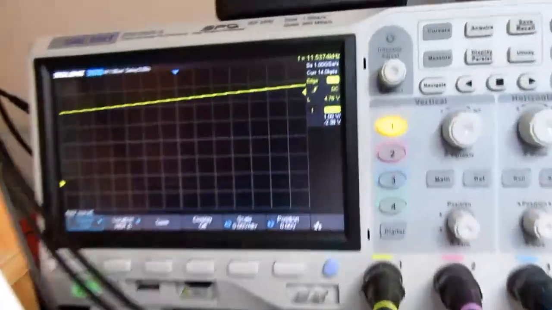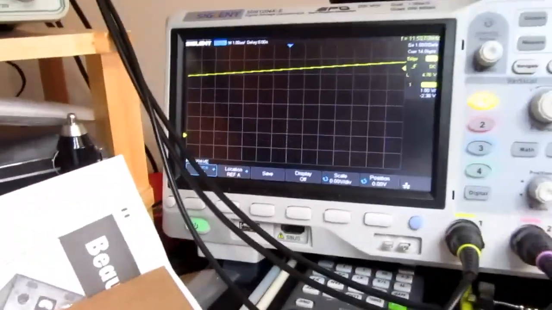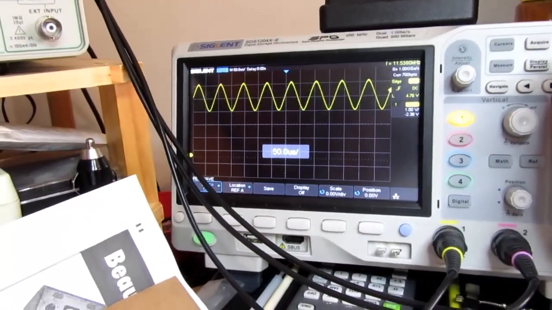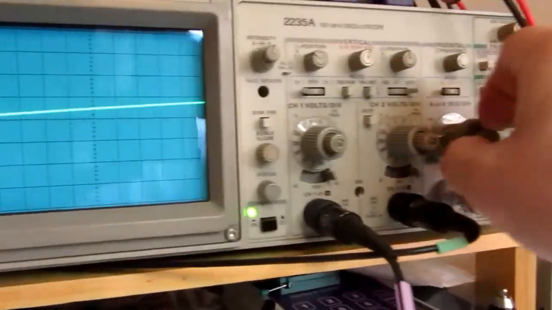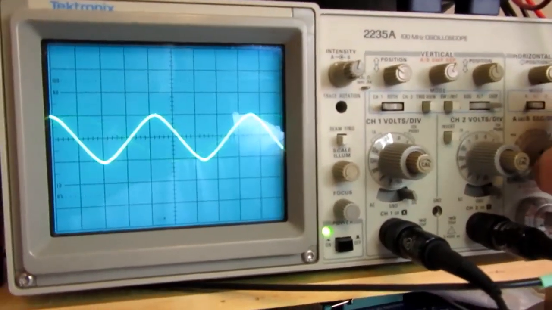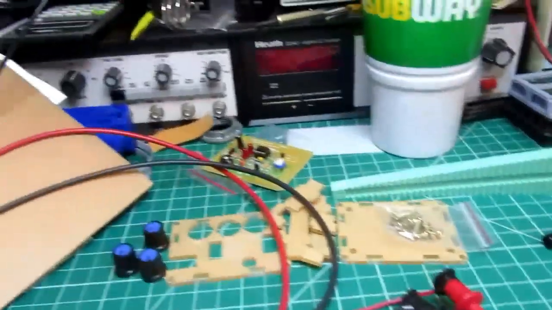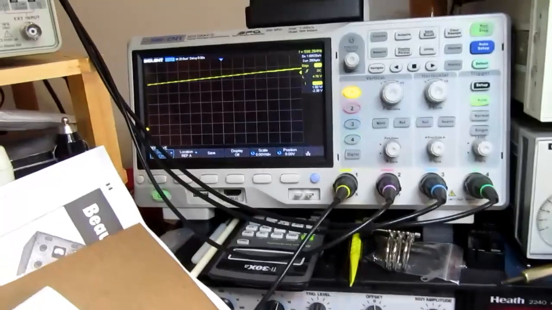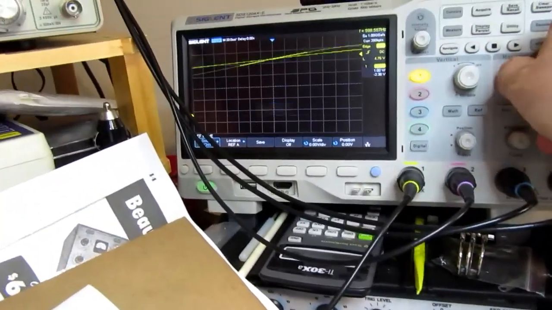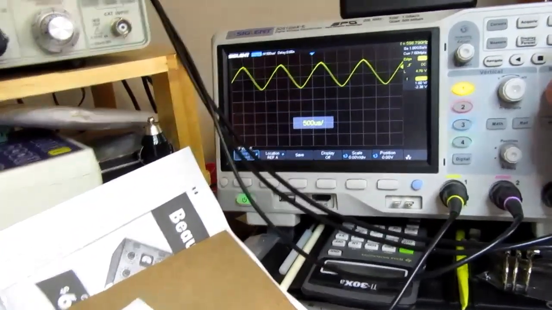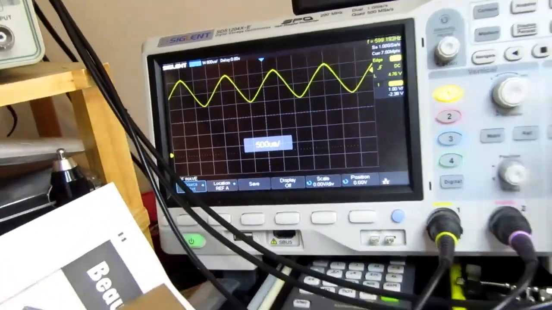Yeah, it changed the range dramatically. I'm at only about 11 kilohertz here now. I'll move it again. Goes down to about 600 hertz. It's getting to be kind of pointy. It's almost more like a triangle wave.